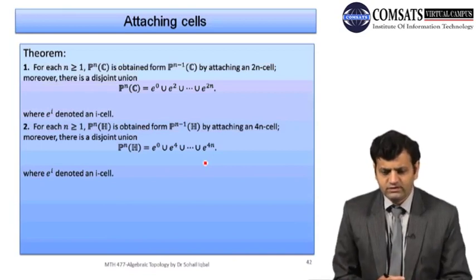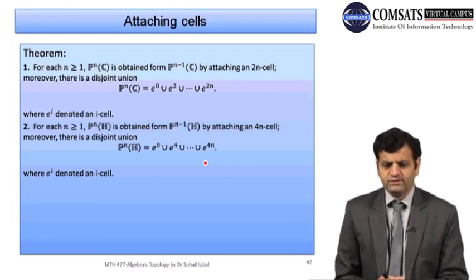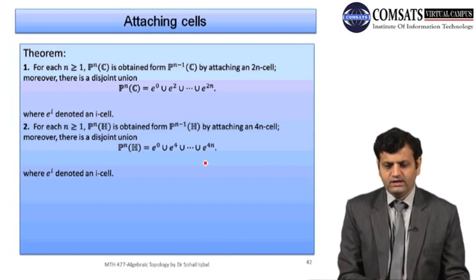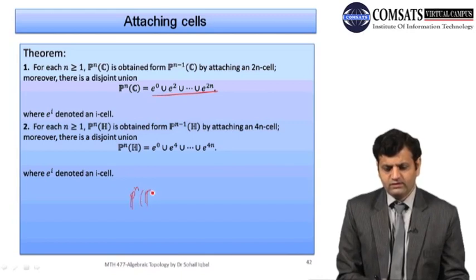Now let's recall that when we constructed the projective spaces, we had this result that the complex projective space is equal to E0 union E2 up to so on union E2n. Similarly, we also had this result about the real projective space: Pn(R) is equal to E0 union E1 up to so on union En.